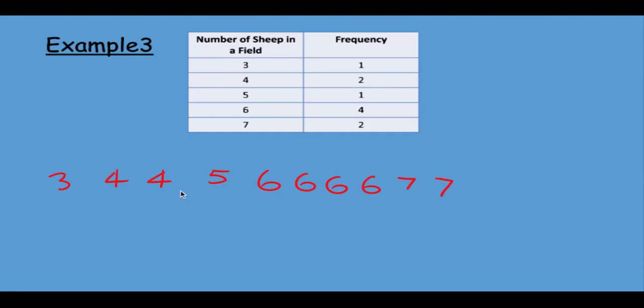Okay, so I can see I've got 3 and 4, 7, and another 4 is 11. Got 5 there on its own. Got 6, 12, 18, 24. 7 and 7 is 14.